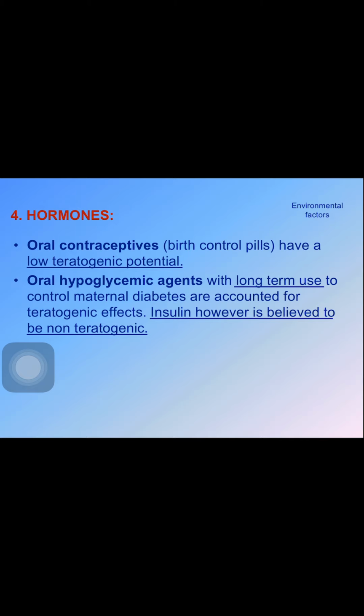Oral contraceptives, birth control pills, have low teratogenic potential. Oral hypoglycemic agents, used long-term to control maternal diabetes, are accounted for teratogenic effects. Insulin, however, is believed to be non-teratogenic.